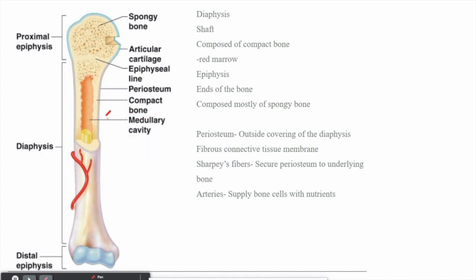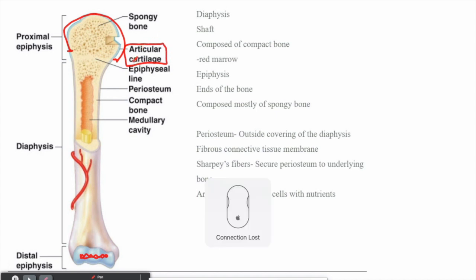We need to know that the ends of the epiphyses are covered in a protective cartilage. It's almost like a shock absorber, and you can see it here. It's this shiny white area on the distal epiphysis, and it's covering the outside of the proximal epiphysis here. We call that articular cartilage. The word articulate means to touch.